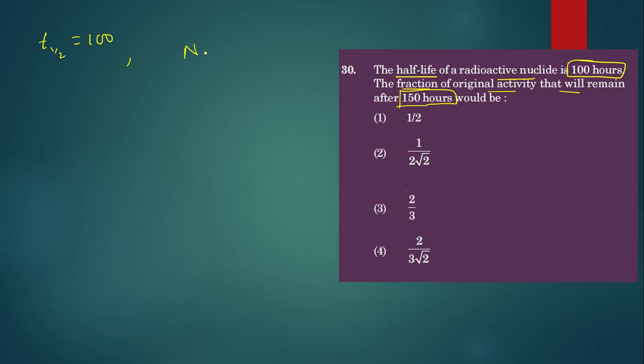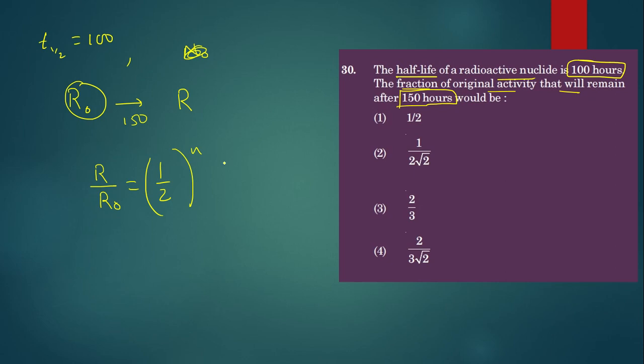Let's say the initial activity is this one, and after 150 hours, the activity is this one. So the fraction of activity is given by this one. So this is equal to half to the power n.